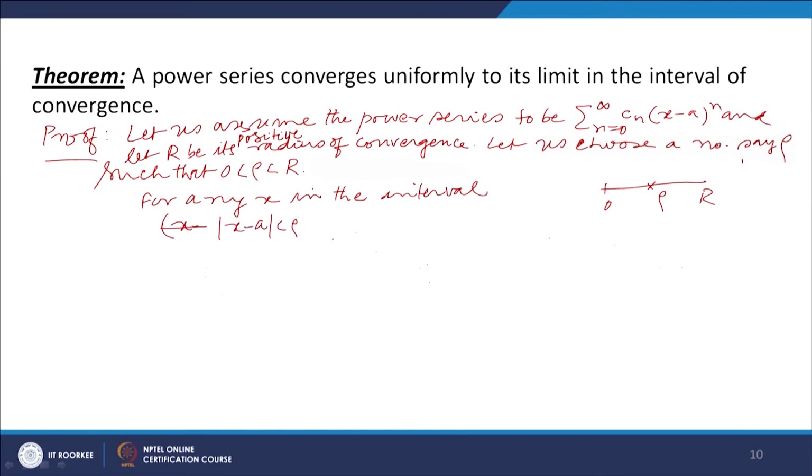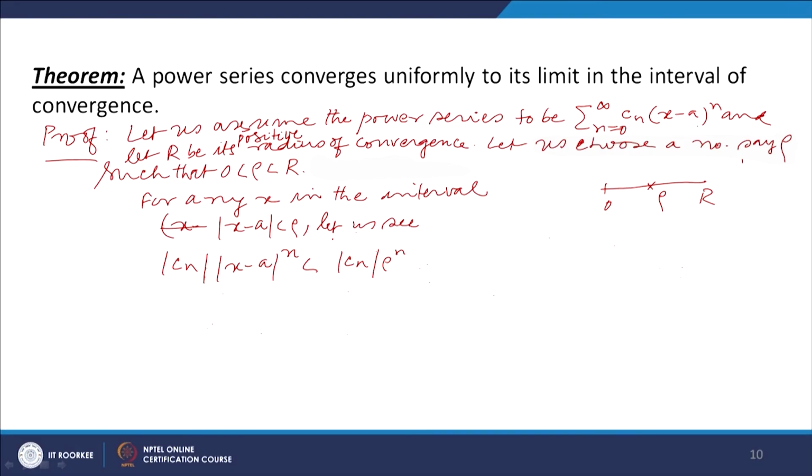Okay. Let us see what happens to the power series. So, convergence of power series. Let us take the nth term of the power series, which is Cn x minus a to the power n.